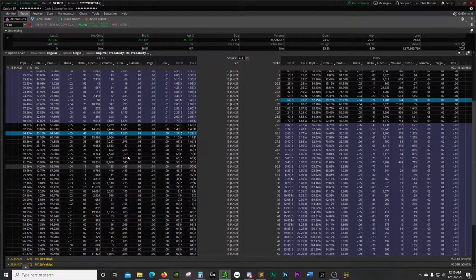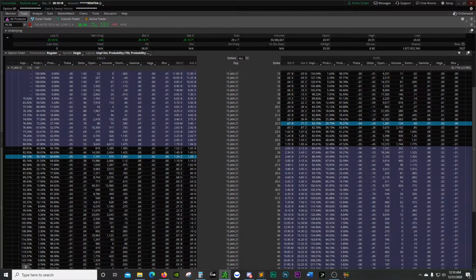Next, I'm going to talk about theta. Theta is really simple. It's the rate of option price decay at a particular strike. The closer you are at the money, the theta number is higher, but in relation to the option price it's lower in percentage compared to a further out of the money strike.